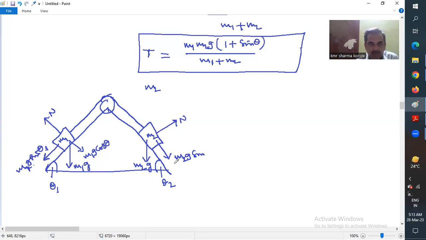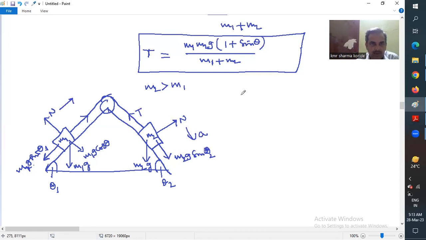Now suppose you take m2 greater than m1. Then you can expect m2 to move down with acceleration, so m1 moves up with acceleration. So therefore here tension opposes the motion of m2. Tension favors the motion of m1.